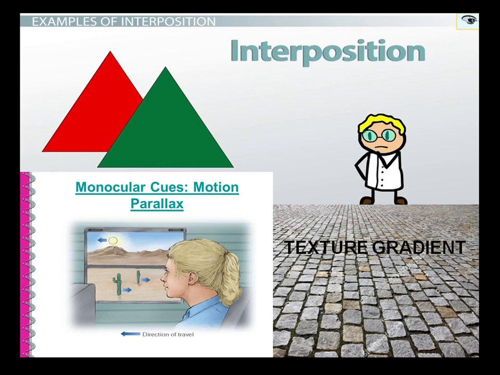Coming to the last one, which is of course motion parallax, which clearly says that if we are moving in any bus or train, traveling, the closer objects actually appear to move in a direction opposite to us, and the farther away objects appear to move in the same direction as us.